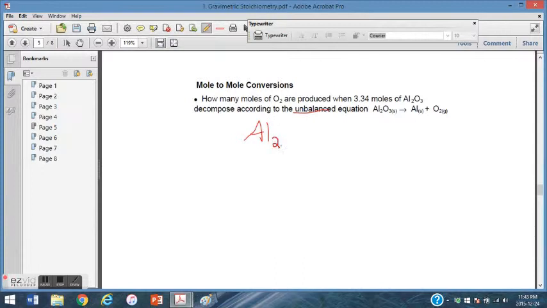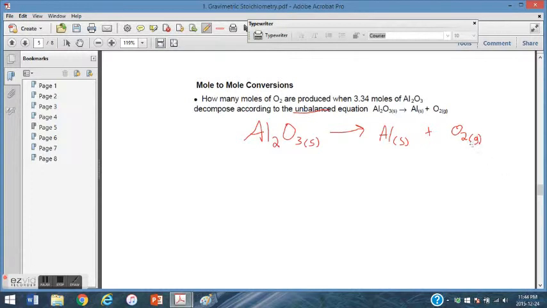So we have Al2O3 solid. So solid aluminum, leaving room in front of both of these to write coefficients.